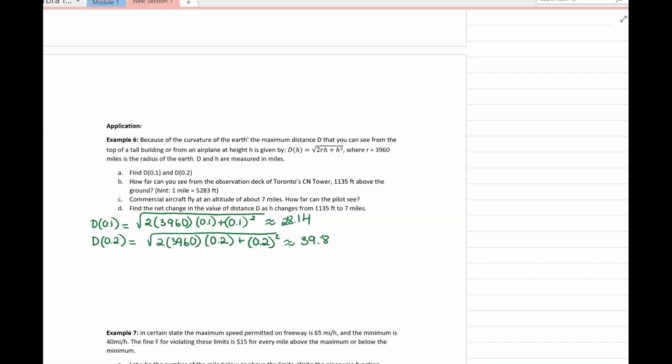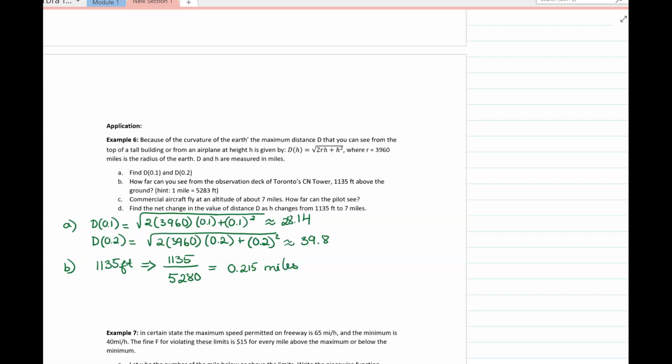So first we have to change that feet into miles, and that is 0.215 mile.